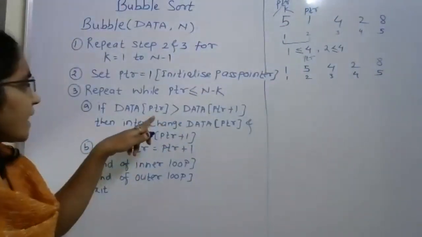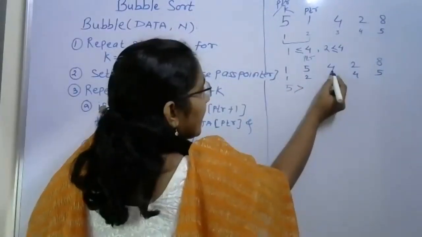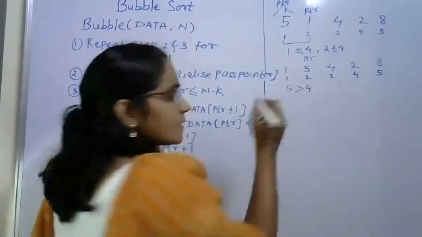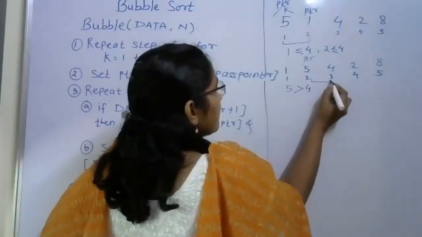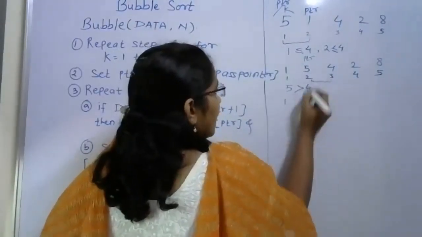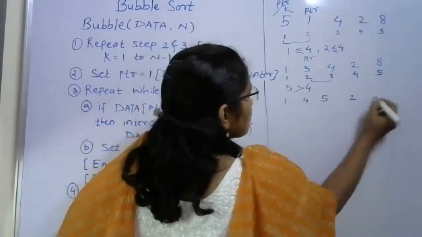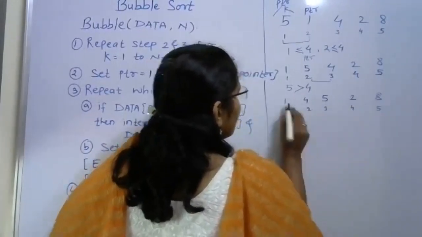So you have to check whether the value of data of PTR, which is 5, is greater than data of PTR plus 1, 2 plus 1 means 3. Yes, again the 5 is greater than 4. So you have to exchange both values. So 1, here 4, and at the place of 4 here 5, then 2 and then 8. 1, 2, 3, 4 and then 5.